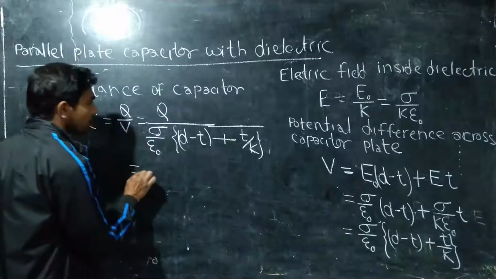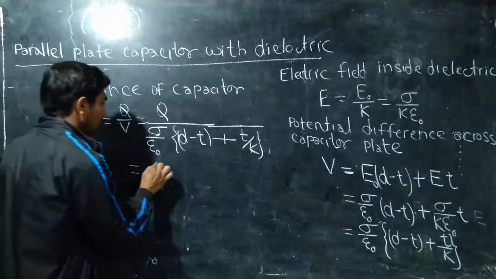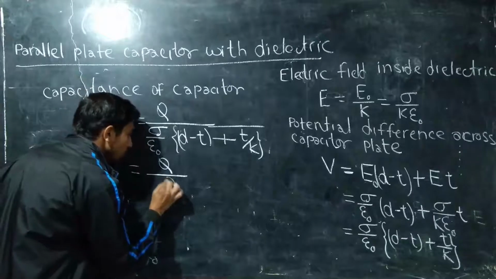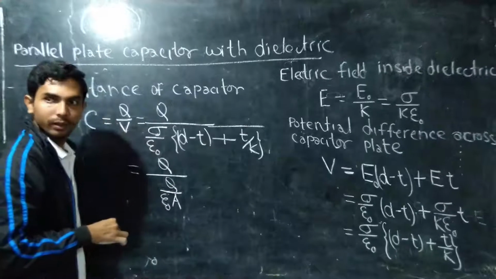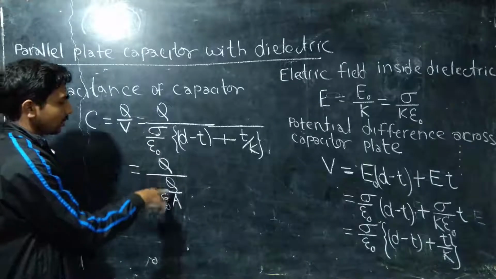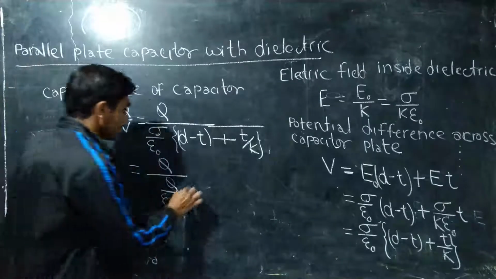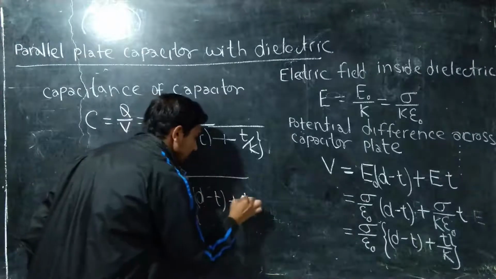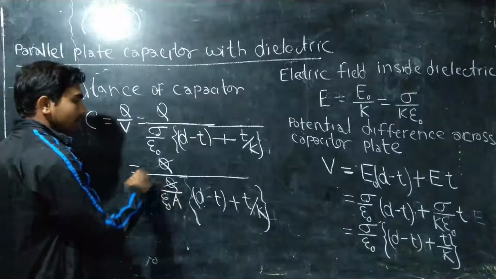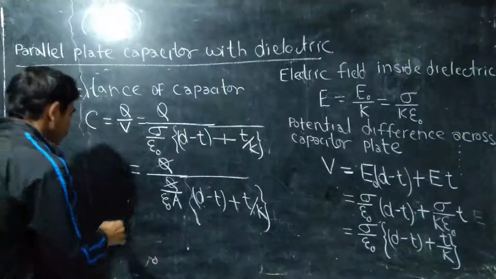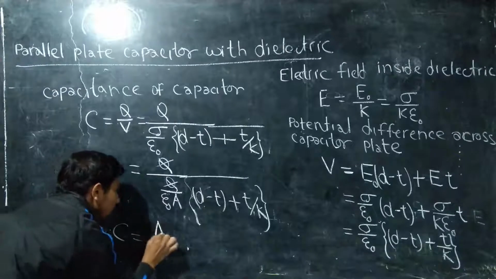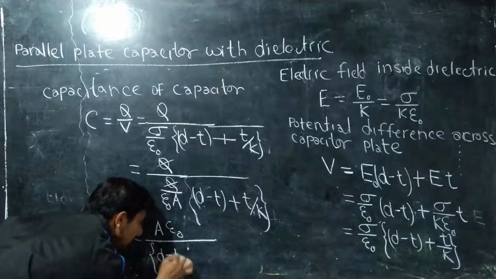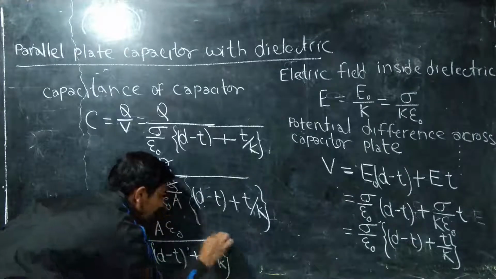Sigma by epsilon 0 is known to you. Sigma is Q by A, the surface charge density, and inside the bracket we have D minus T plus T by K. This Q cancels, so finally we can write C is equal to A epsilon 0 divided by (D minus T plus T by K).